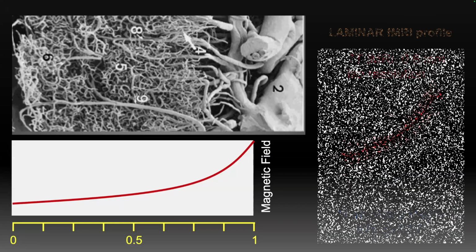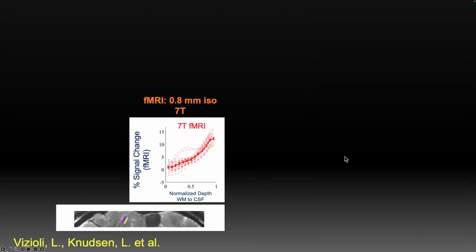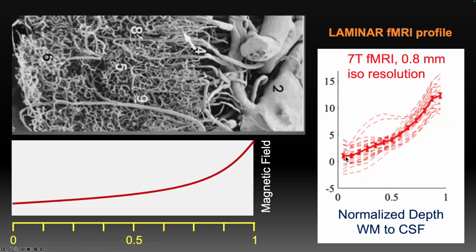When you do, for example, fMRI at 7 Tesla, even with 0.8 millimeter resolution, across the layers with gradient echo fMRI, you see the BOLD effect increase towards the pial vessels. You have this very characteristic ramping up of the BOLD effect across the layers.